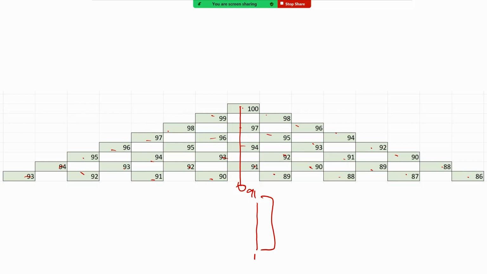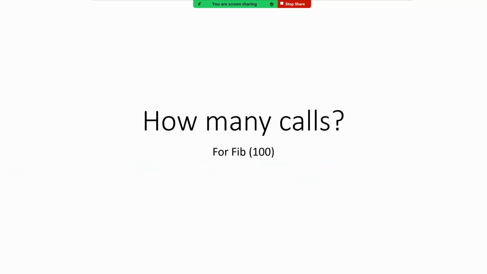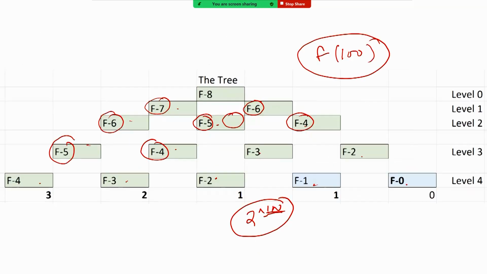And remember, the way that I've presented the tree is I've recombined the tree, which basically means that if I go back to my example here, there are 2 calls to f of 5. f7 has an f of 5, f6 has an f of 5, but I've merged them into a single node. And then here also there are 2 calls. f of 6 has a call to f4 and f5 also has a call to f4. I've merged them into a single node.